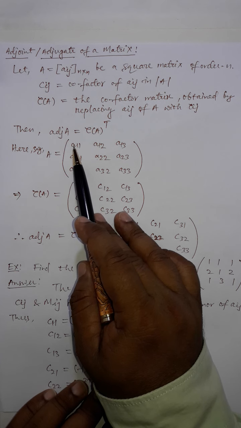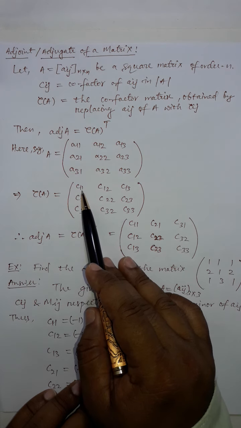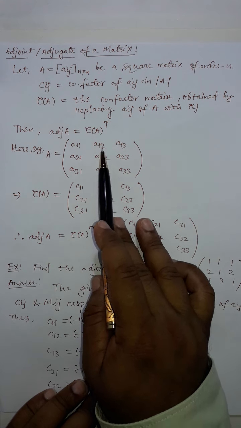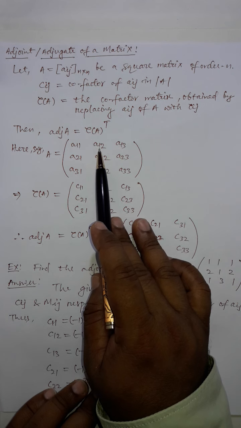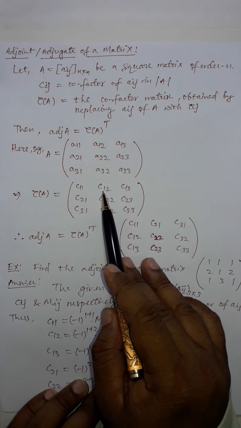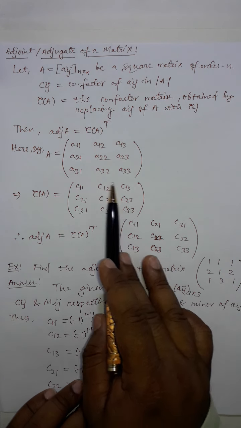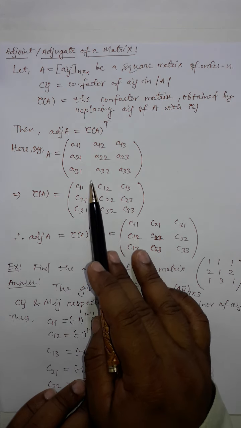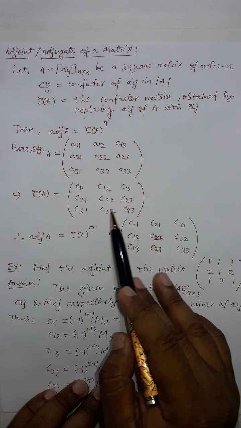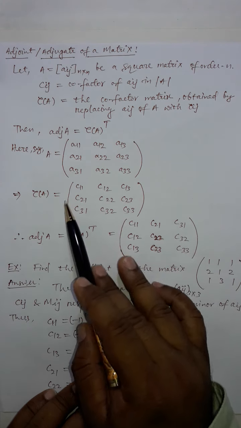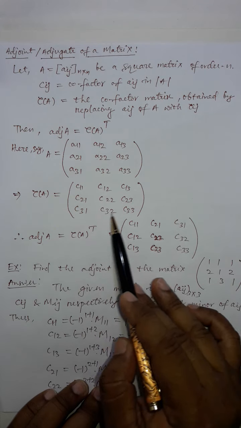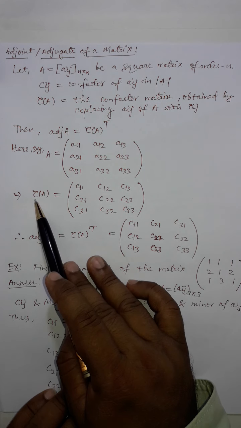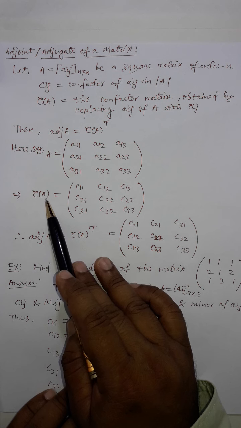I will replace this element A11 with its own cofactor C11, and the same thing I will do for each and every element. I will replace A12 by its cofactor C12. By replacing every element by its own cofactor, I am getting a new matrix where the elements are cofactors. That I am symbolizing as C of A, the cofactor matrix obtained from the matrix A.